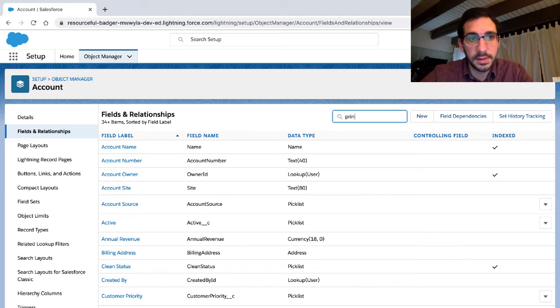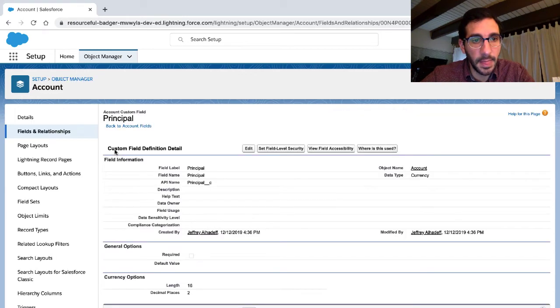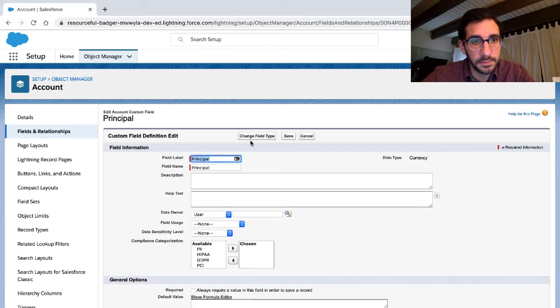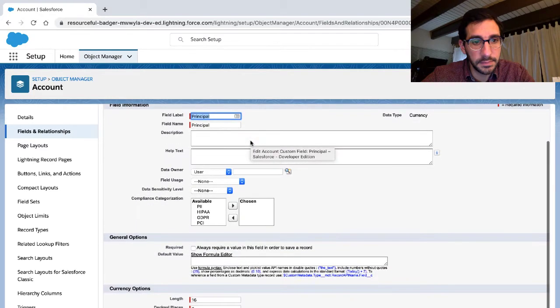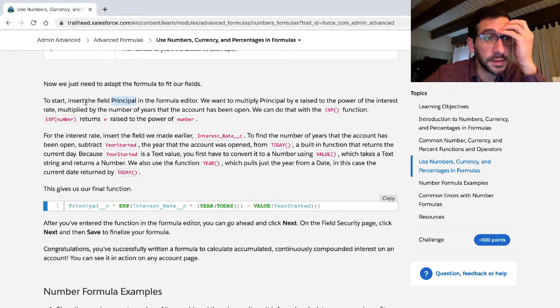Do I have this here? To start, insert the field principal in the formula editor. We want to multiply principal. Oh, no, this means this.